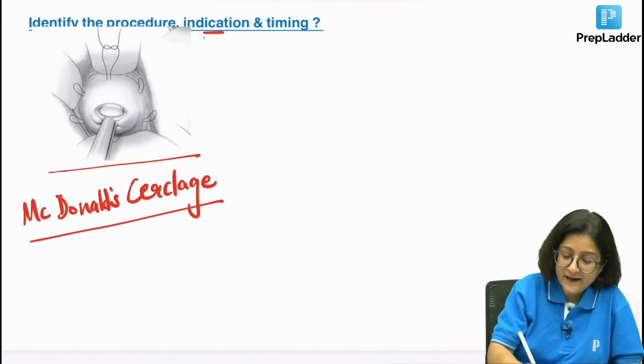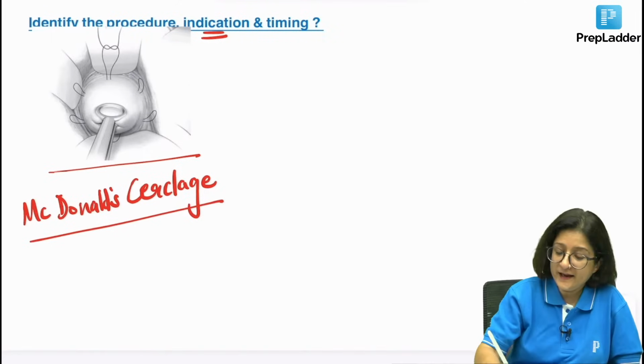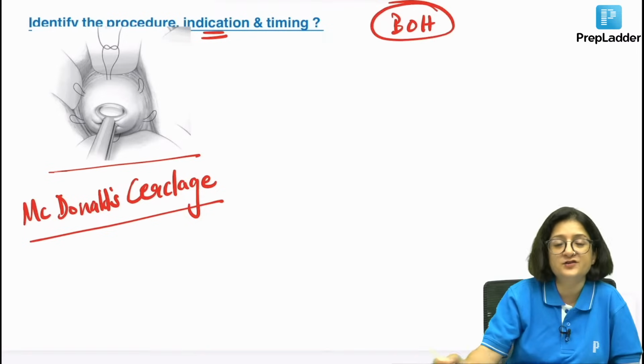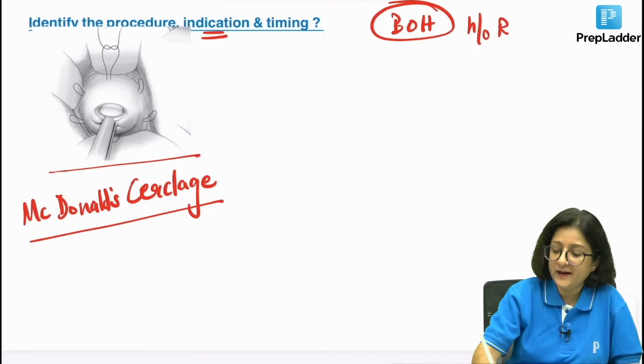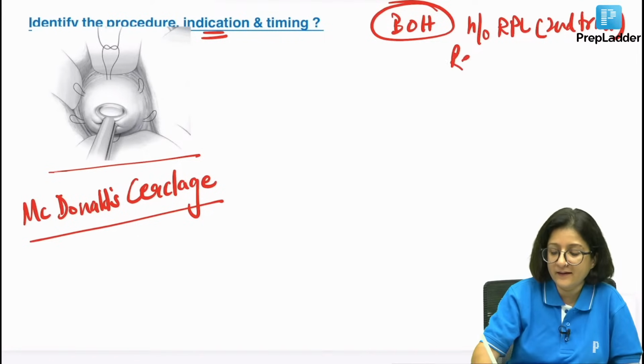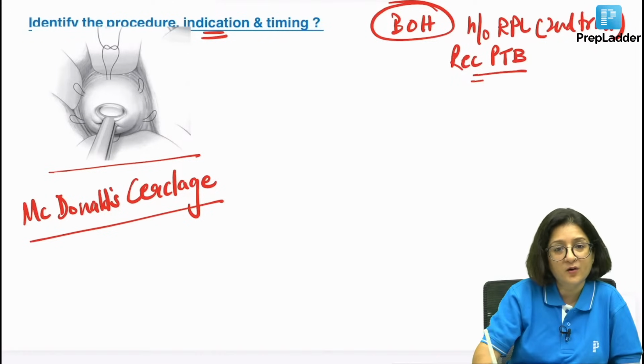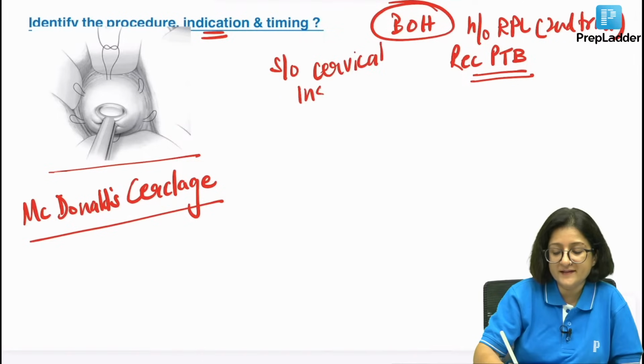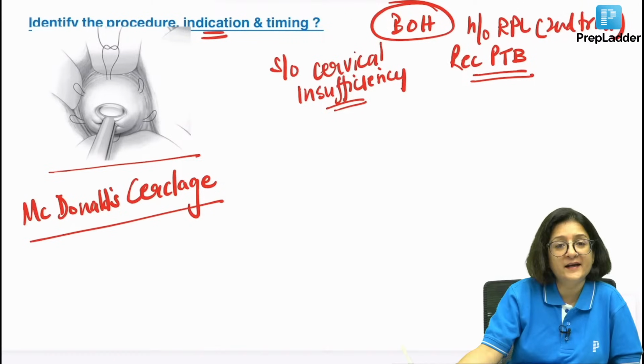Right? Indication is there has to be a bad obstetric history. Okay, history of recurrent pregnancy loss in the second trimester, or there will be recurrent preterm births. Okay, suggestive of cervical insufficiency. It is always done in a clinical context, not just like that. Okay, so this is the indication.